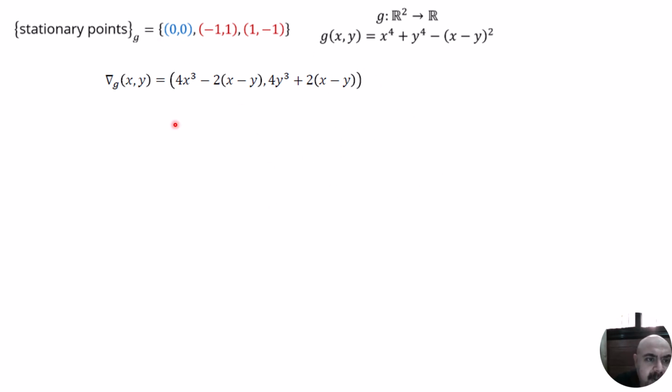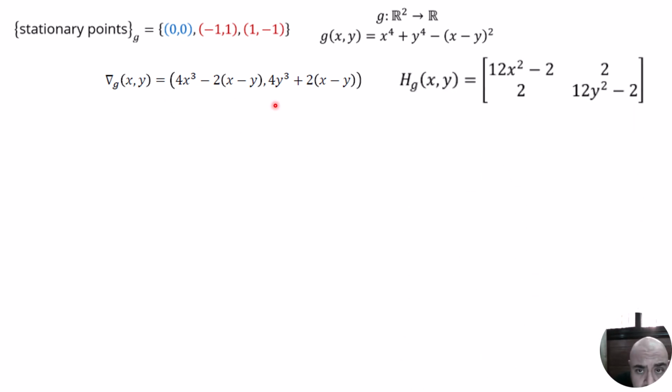That's the stationary point. That's the gradient. All of this we have before. I will start to differentiate to get the Hessian matrix. So we will start to differentiate with respect to x once more, which is going to give 12x squared minus 2 for the double partial derivative with respect to x.